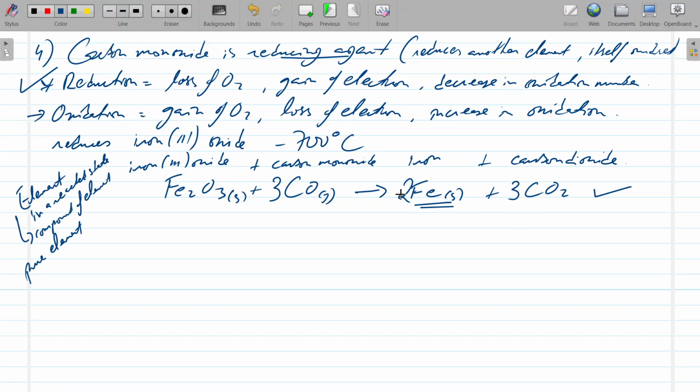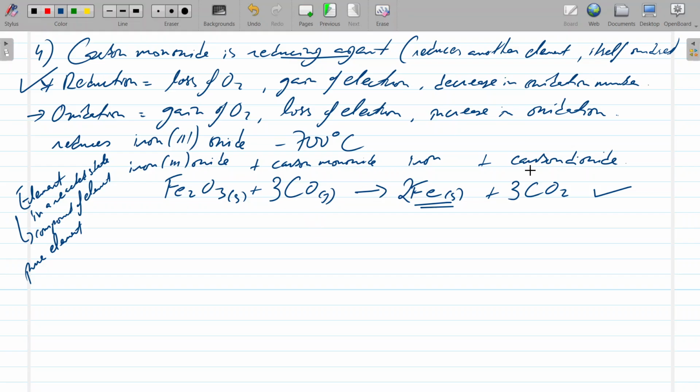Well, the iron one is simple, right? Now, because iron is balanced and there's 3 oxygens over here, you don't want to touch this oxygen because it's going to make it more messy. And you have one, and the carbon is fine as well. So the only problem really over here is the oxygen. You've got 2 oxygens on the product side, you've got 4 oxygens on the reactant side.